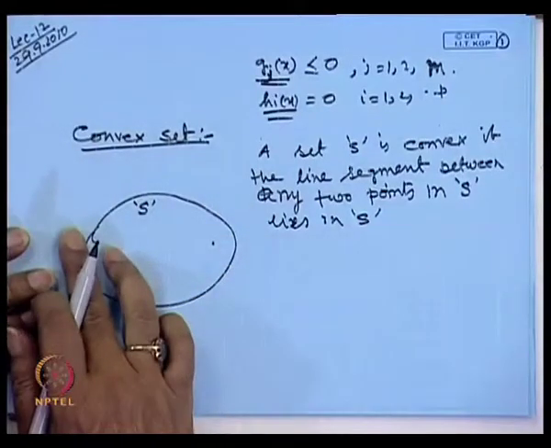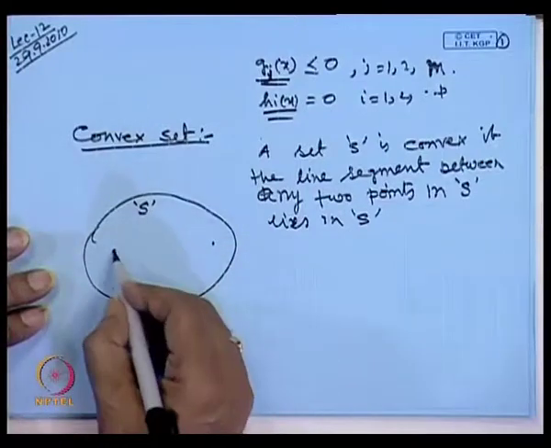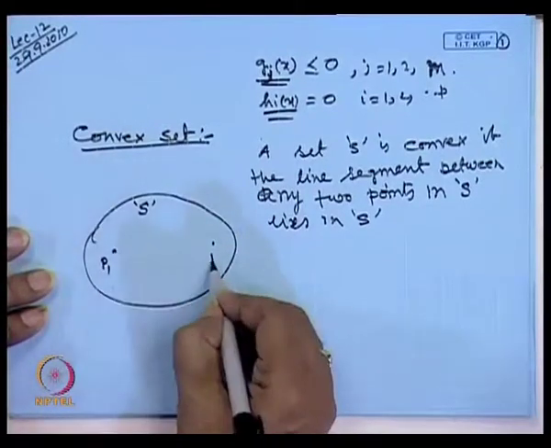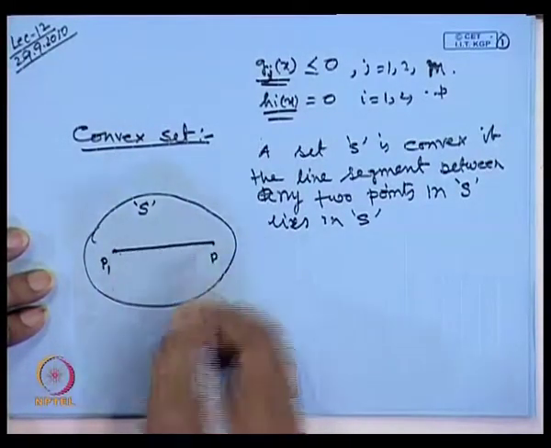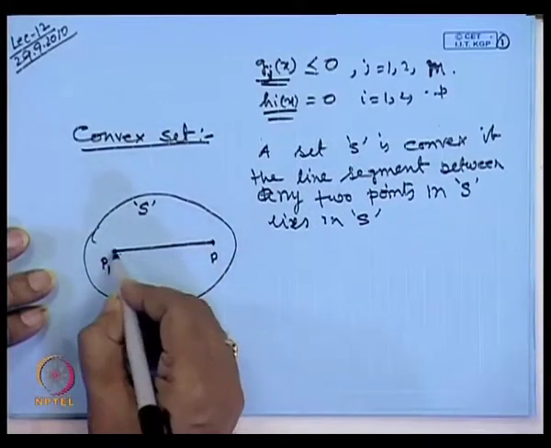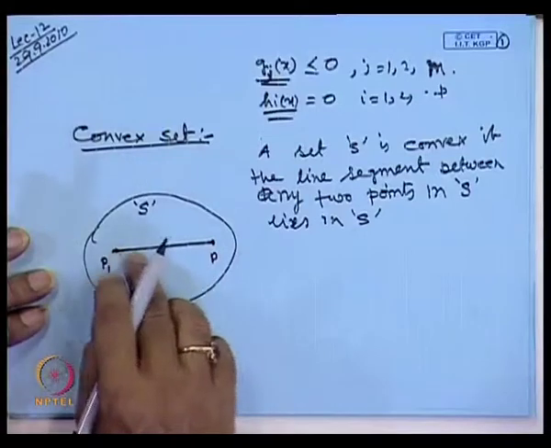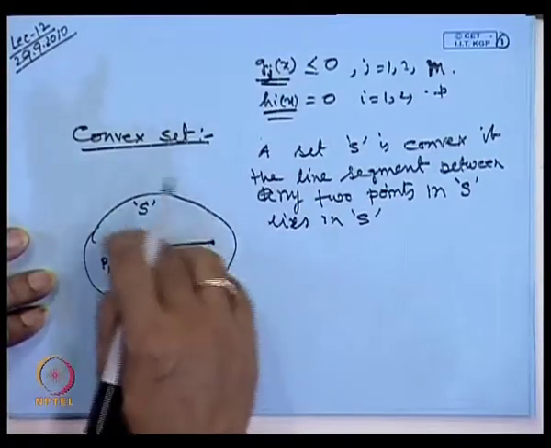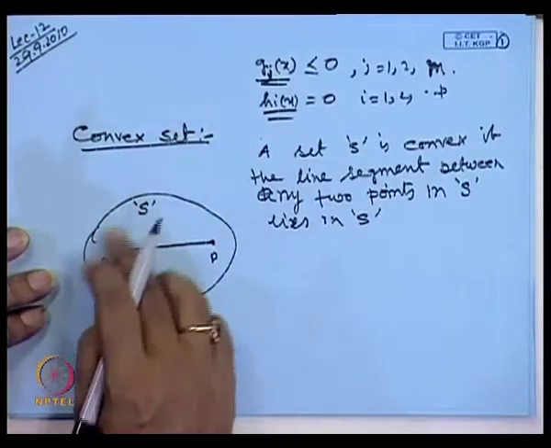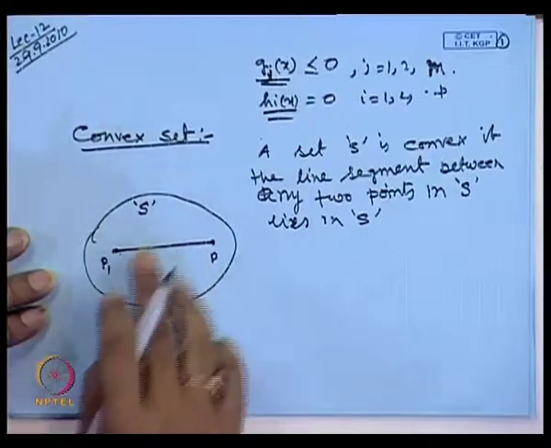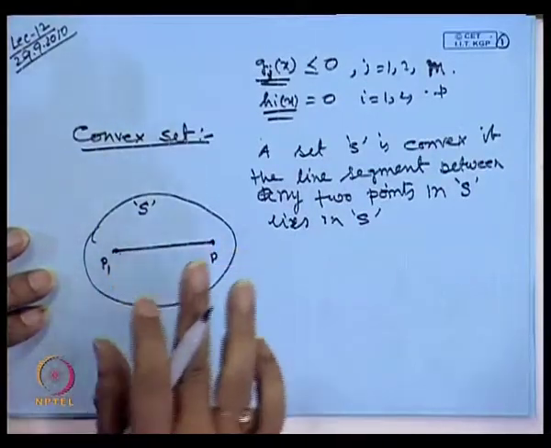We form a line segment by joining the points P1 and P2. Any point on this line segment belongs to that set; then we will call the set a convex set.